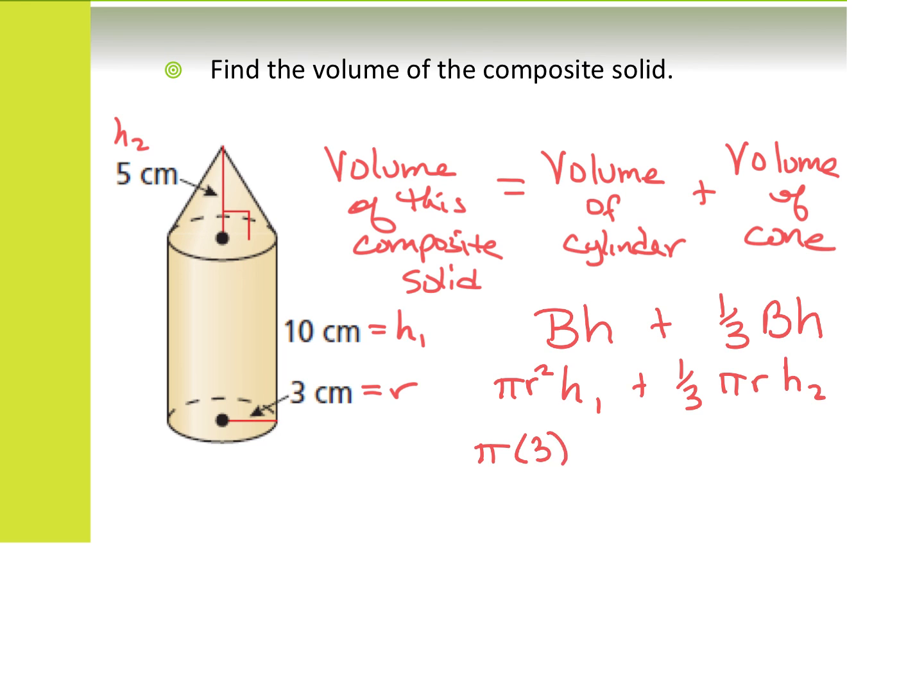So pi times 3 squared times the height, which is 10. And then here, 1/3 times pi times 3 squared times its height, which is 5. This gives me 90 pi. This one gives me 15 pi.